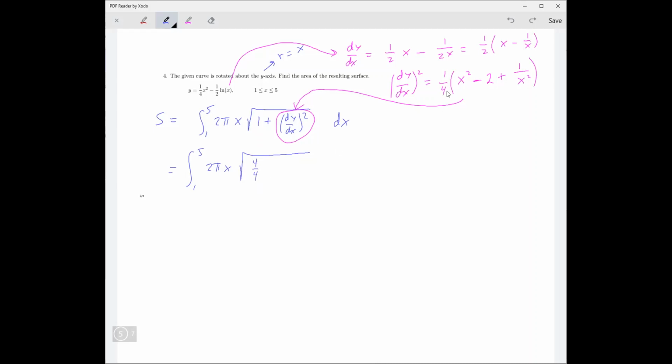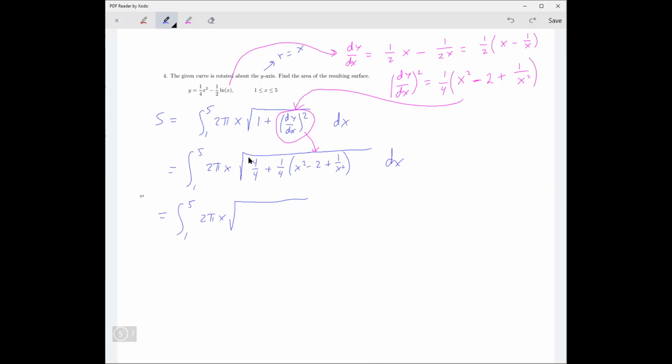I'm going to write it as 4/4 because I have a 1/4 right here, dx. Now if I take this 4 inside, because this is divided by 4, all this is also divided by 4.